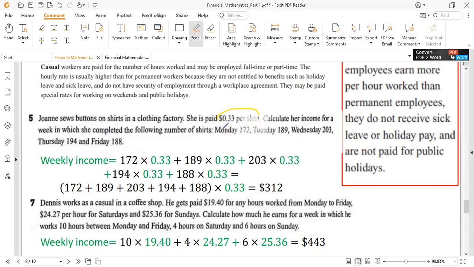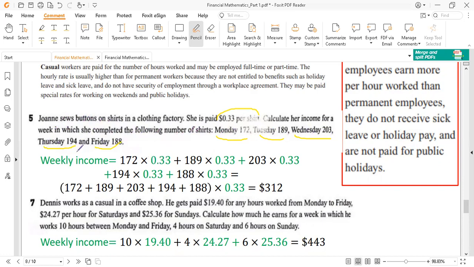Normally, we have a big number of shirts that John achieved. For example, Monday 172, Tuesday 189, Wednesday 203, Thursday 194, and Friday 188.